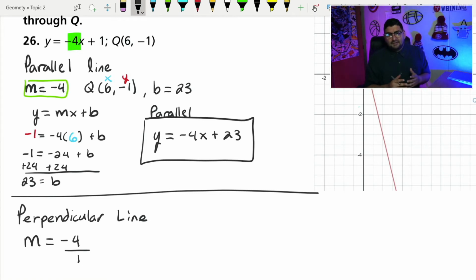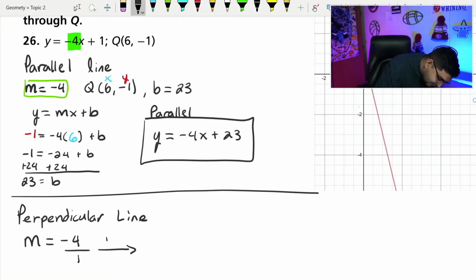So the first step in finding the slope of a line perpendicular to this one is to flip it. Let's flip it. And I get 1/4. The next thing we would do is change signs.